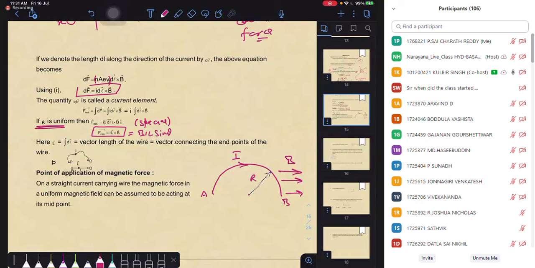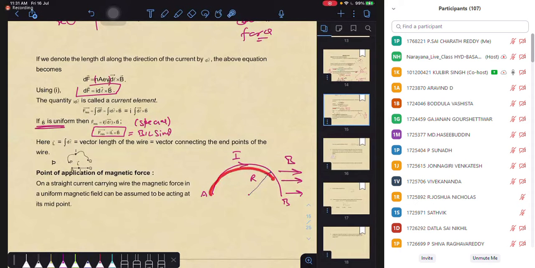So what is the magnetic force experienced by this total wire? The formula is for the small part. But because it's a constant magnetic field, I can forget about the small part and only focus on the endpoints.